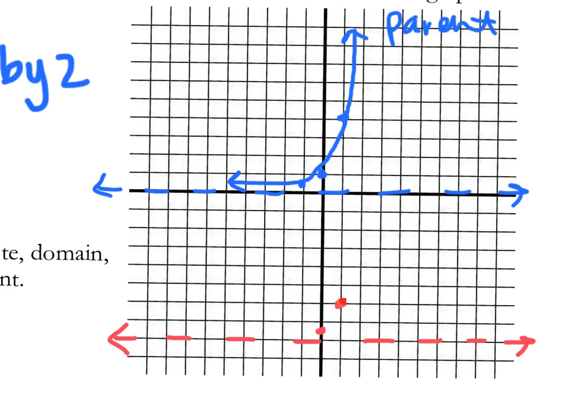If we vertically shrink that by 2, you'll end up having a y value of 1/8. So it'll basically be getting really, really close to the x-axis, and we move it down by 8. It'll be down here, but really close to the asymptote. Okay, and so we can just connect our dots, make sure that our graph is leveling off towards the asymptote, and then this one will be our transformed function graph.